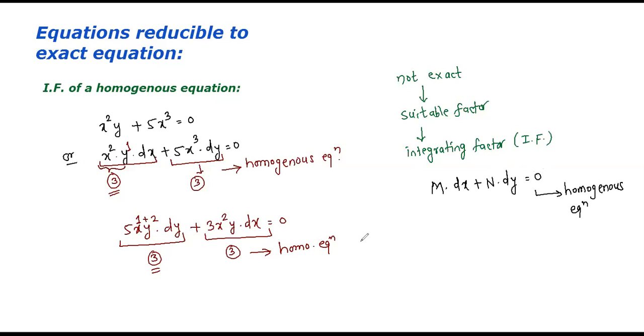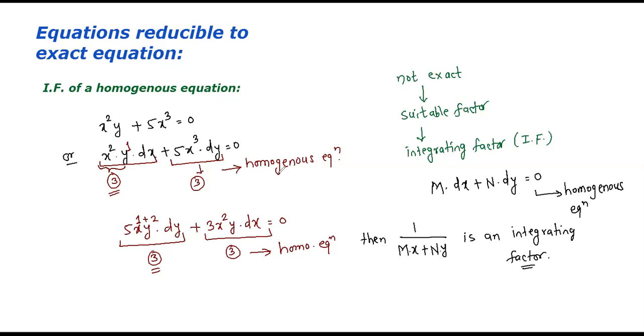Then 1 upon mx plus ny is an integrating factor. As simple as that.